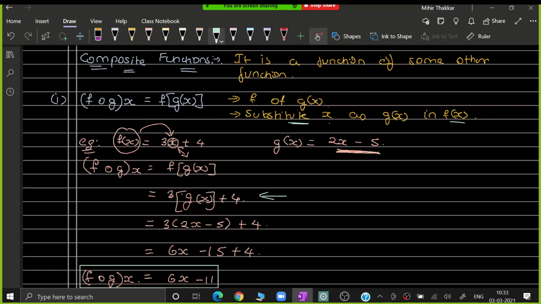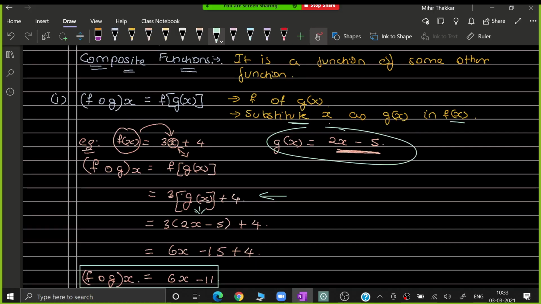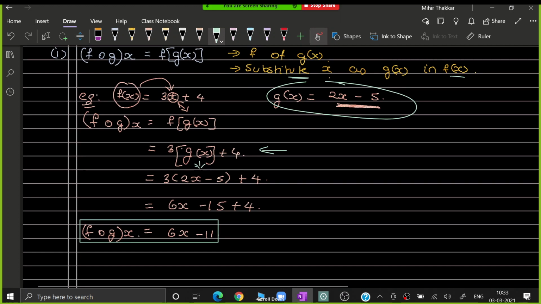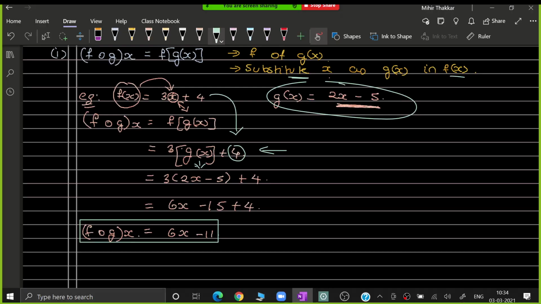But the question has also given you the value of gx. What is that? 2x minus 5. So use that. In place of gx, I will write over here 2x minus 5. So when I write 3 into 2x minus 5, on opening the brackets, I will get 6x minus 15, and this plus 4 is already there in our function. So plus 4 will always be used. So finally 6x minus 11 gives us the value 6x minus 11.